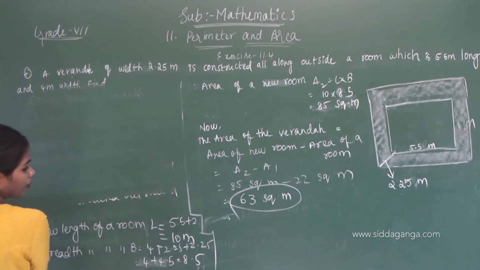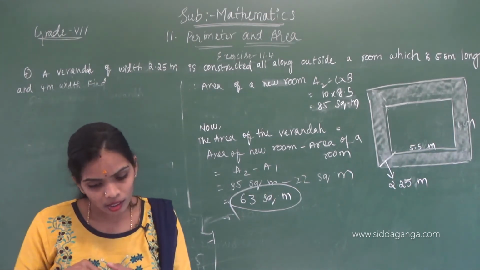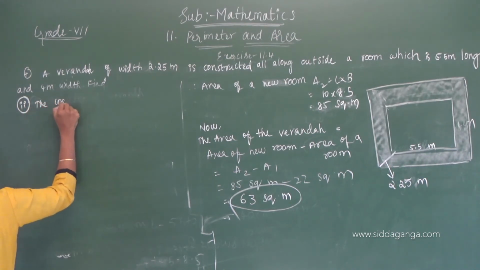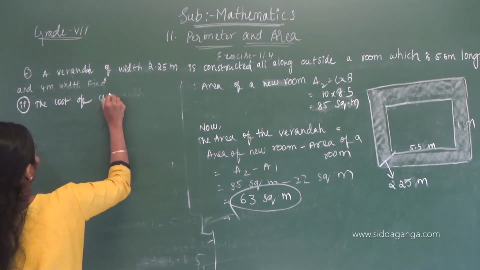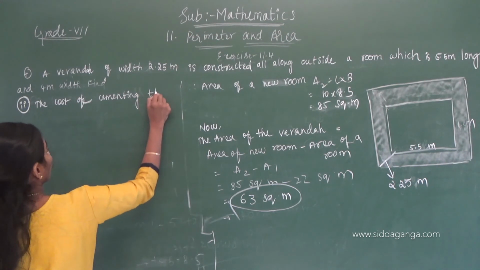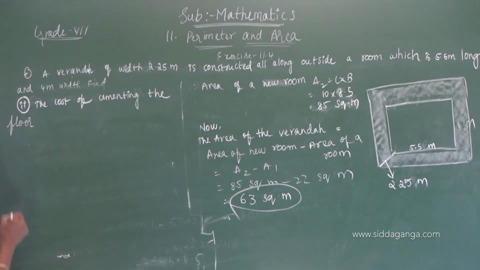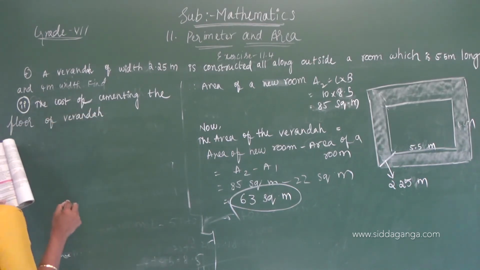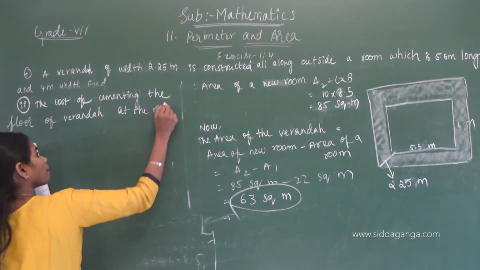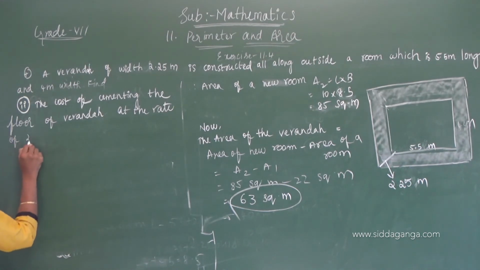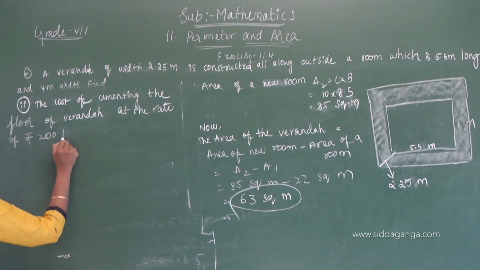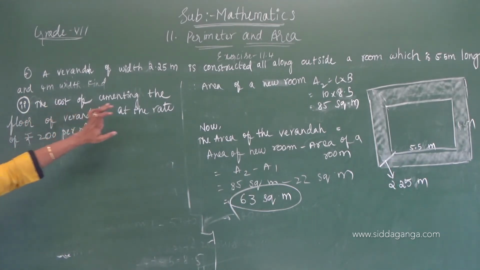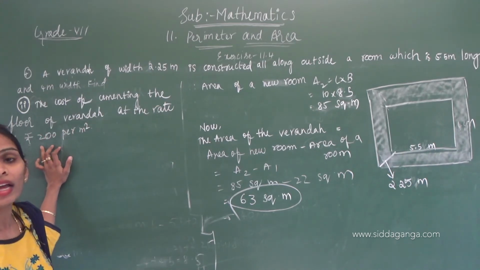What we have to do now for the second question? The B question is the cost of cementing the floor of the veranda at the rate of rupees 200 per square meter.